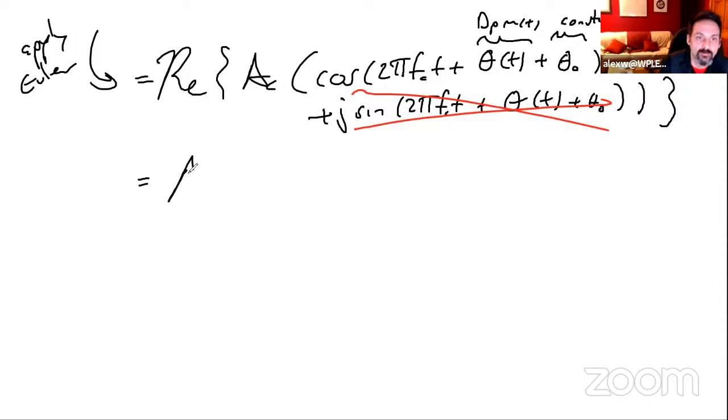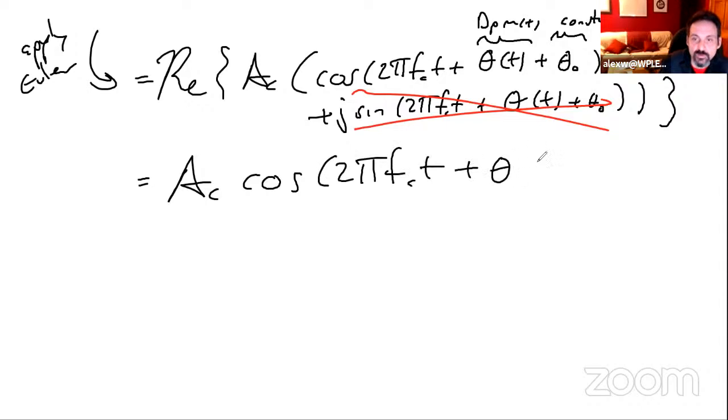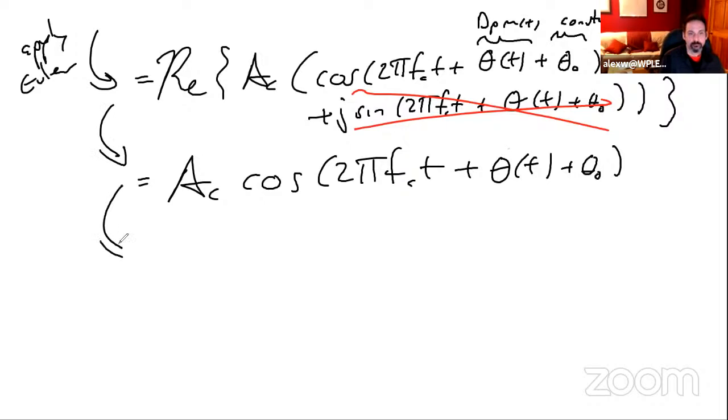So all we have is this cool thing here. Now, this cool thing, okay, that's great. I want to represent this in terms of I and Q. Okay, so first of all, apply the real operator.